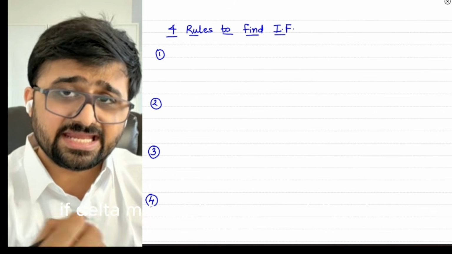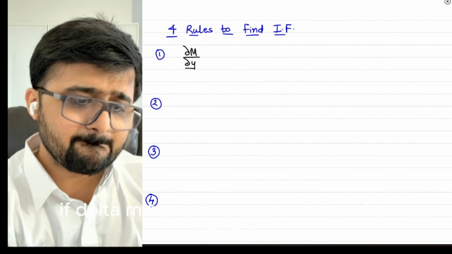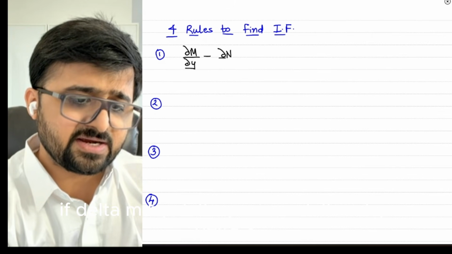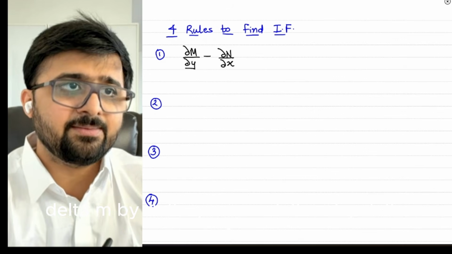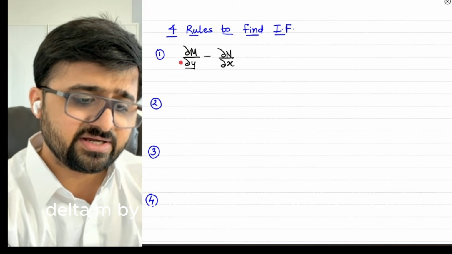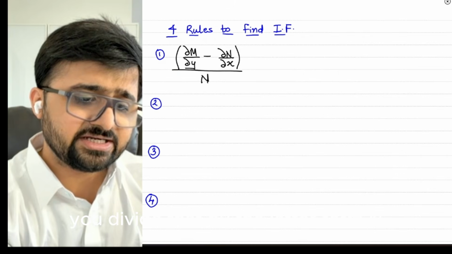Rule number one: if delta M by delta y minus delta N by delta x, you take the difference of the two derivatives, and you divide that by N, the latter term.